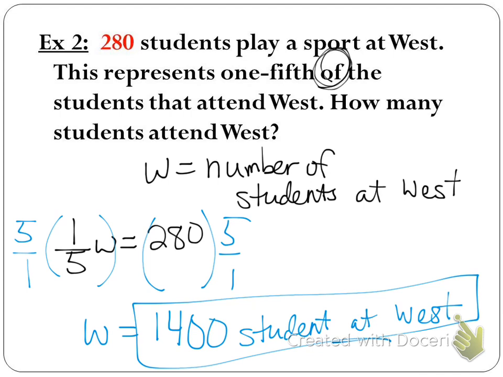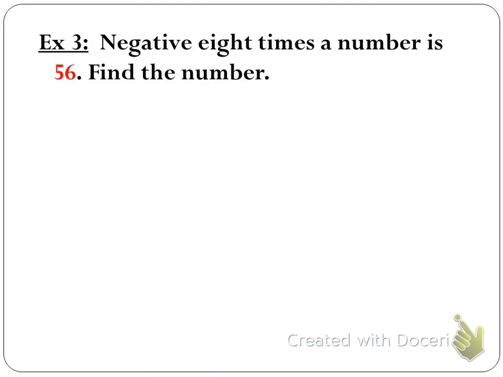Any questions? All right. Next. Negative 8 times a number is 56. Find the number. So first we have to define the variable. N is our number, right? So what equation should I write?